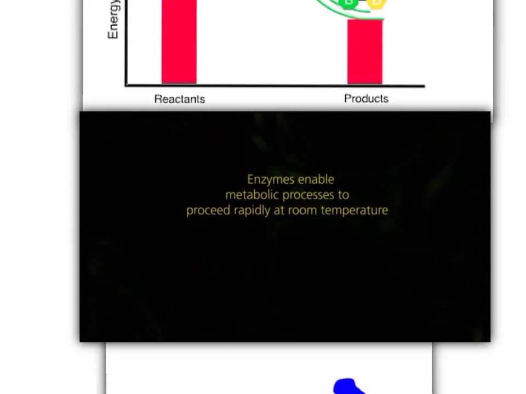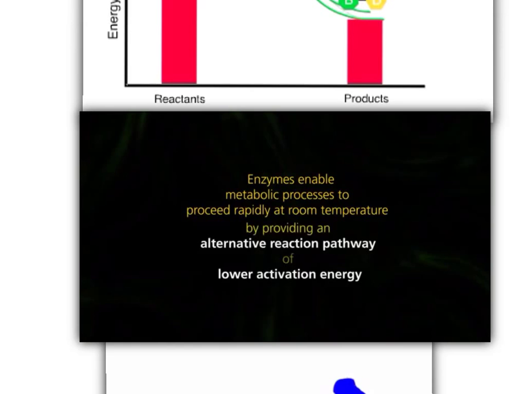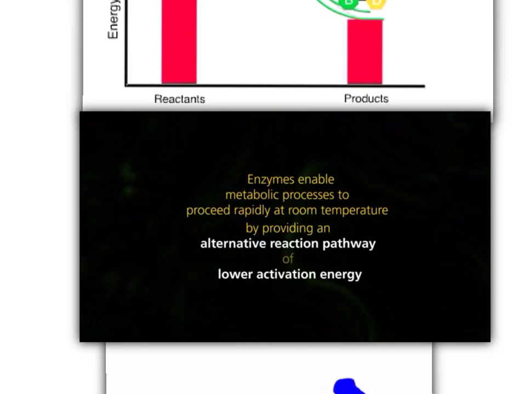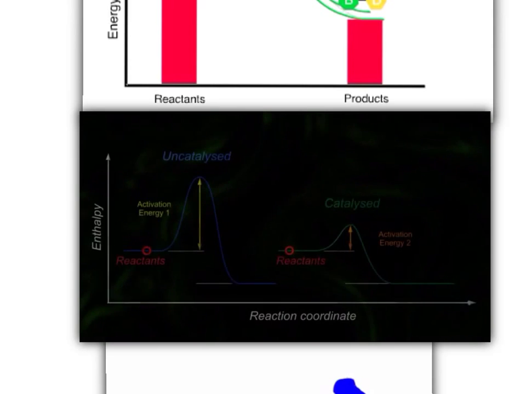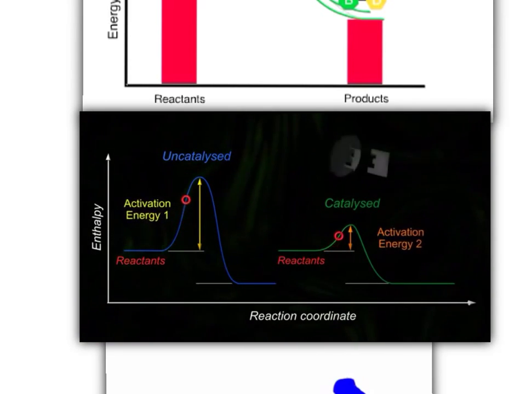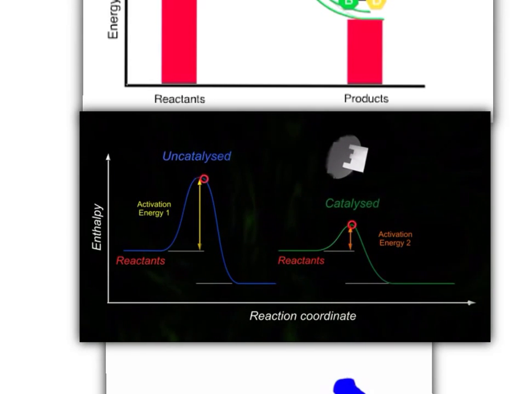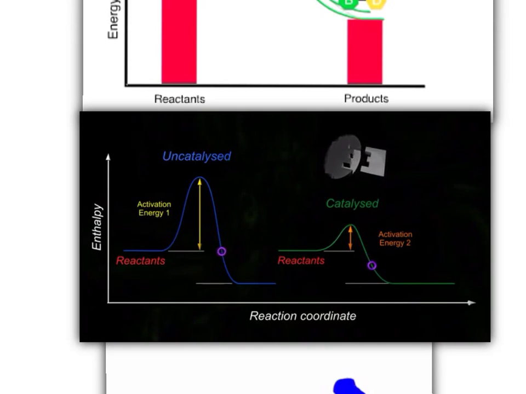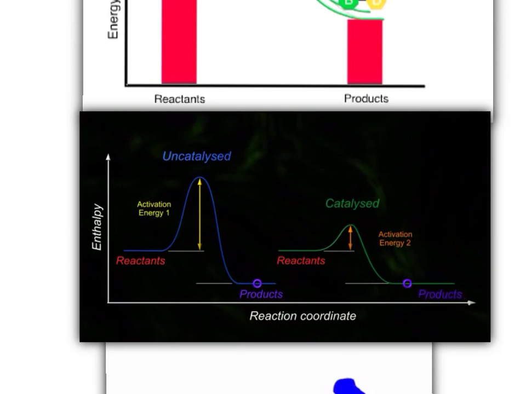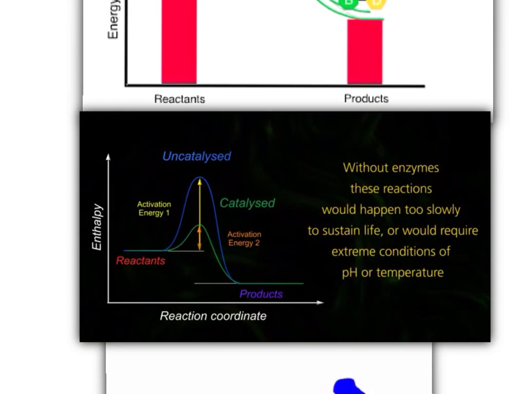Enzymes enable metabolic processes to proceed rapidly at room temperature by providing an alternative reaction pathway of lower activation energy. Without enzymes, these reactions would happen too slowly to sustain life, or would require extreme conditions of pH or temperature.